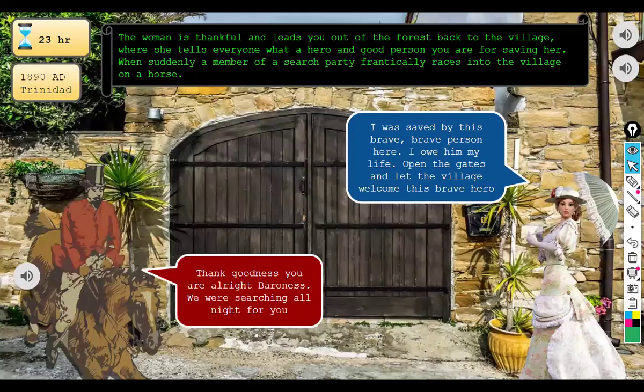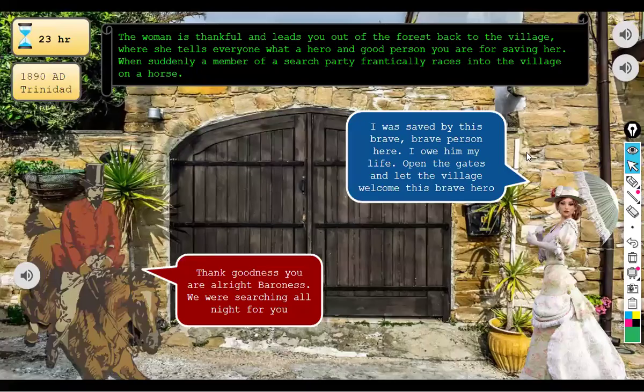All right. So she tells everyone to open the gate and let our new hero in, which is you, into the village. Right, that's how we're doing it. All right, so let's go into the village and claim our rewards and our, well, we call it parade and whatnot.